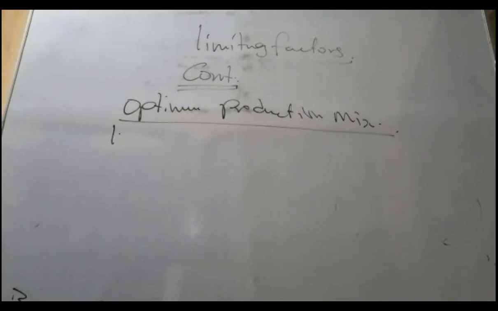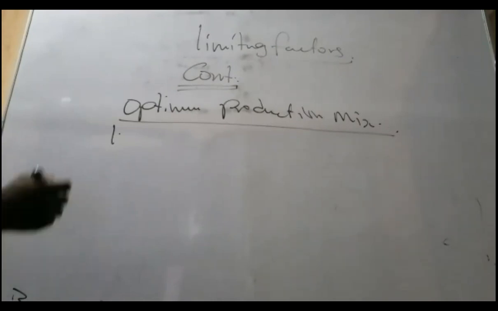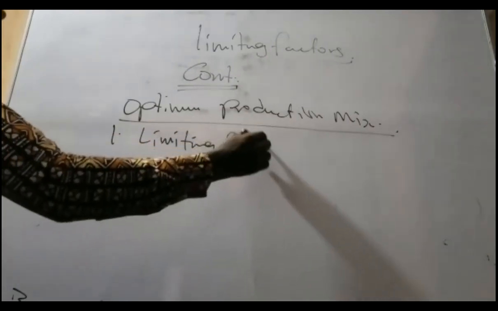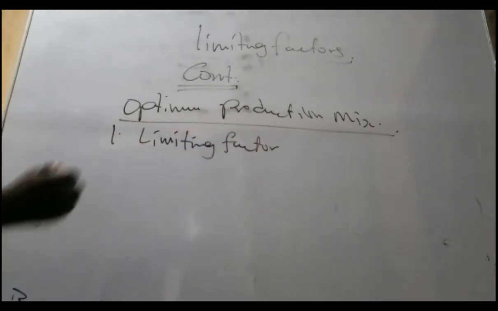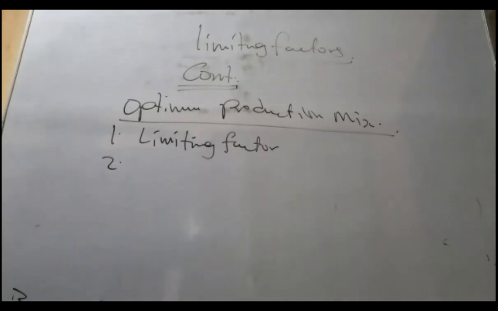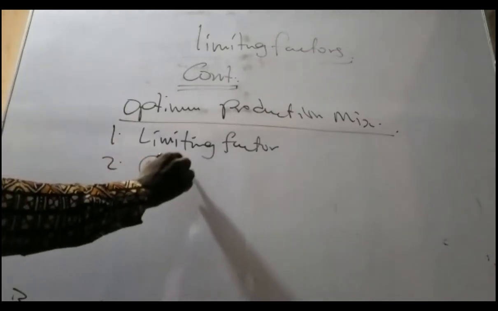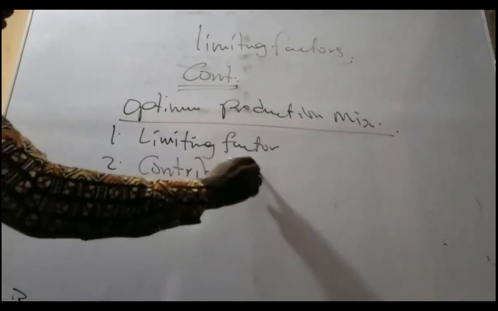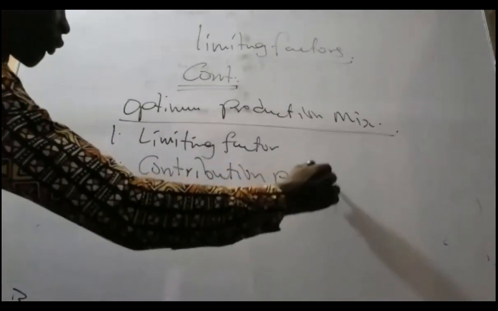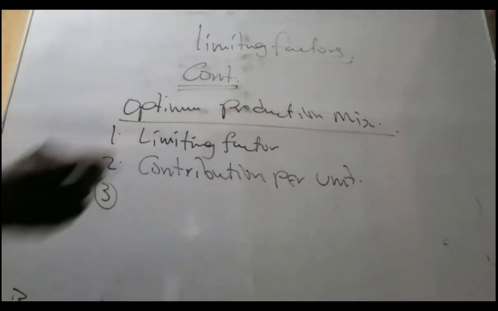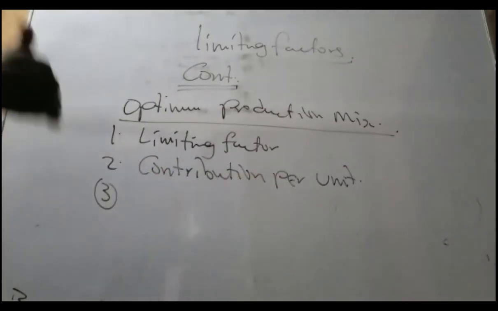So step 1, determine the limiting factor. Step 2, over there, calculate the throughput per unit. Here, calculate the contribution per unit. Then over there, step 3 was determine the throughput per limiting factor.